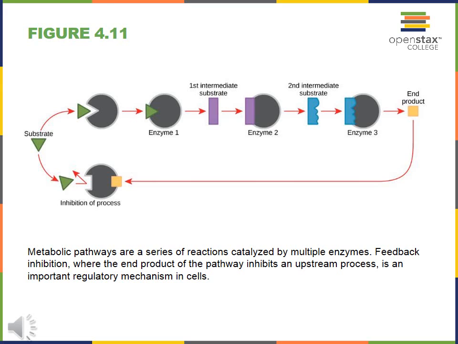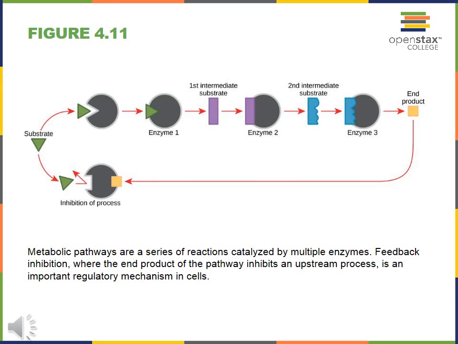And that substrate will now attach to the enzyme 2, which will change it into the blue ribbon looking thing, if you want to call it that, which is the second intermediate substrate. And then that will go to a third enzyme, and notice that each one of these enzymes are shaped specifically to meet that particular type of enzyme.